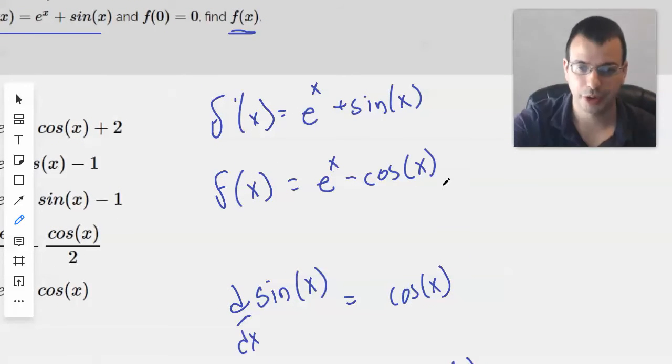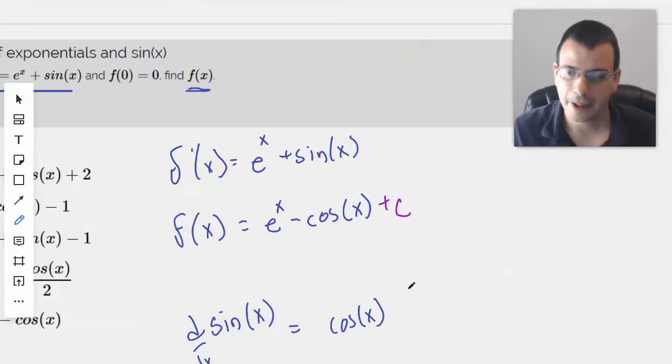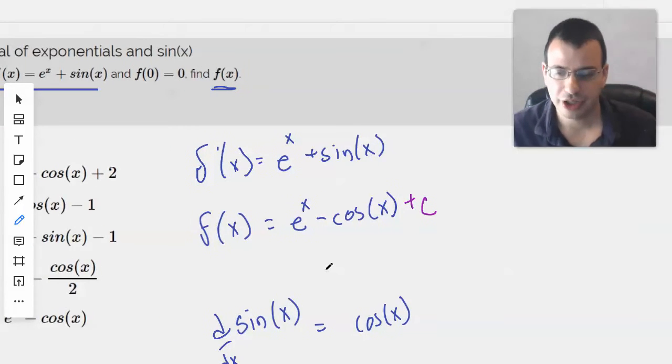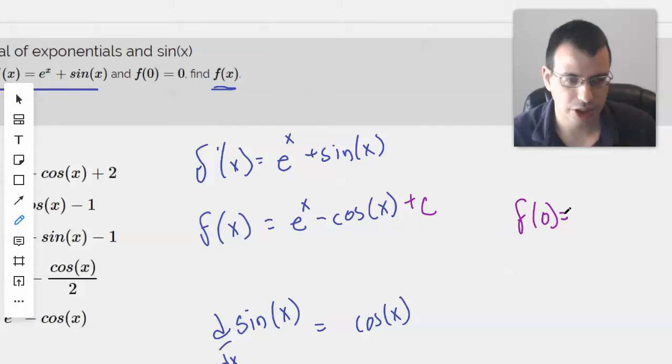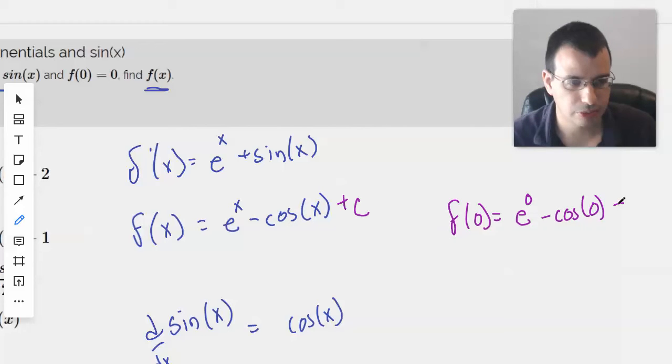Okay, so we have this, and there's a plus c, some sort of constant. And we're then given that f of 0 equals 0. So if I do have e to the 0 minus cosine of 0 plus c equals 0.